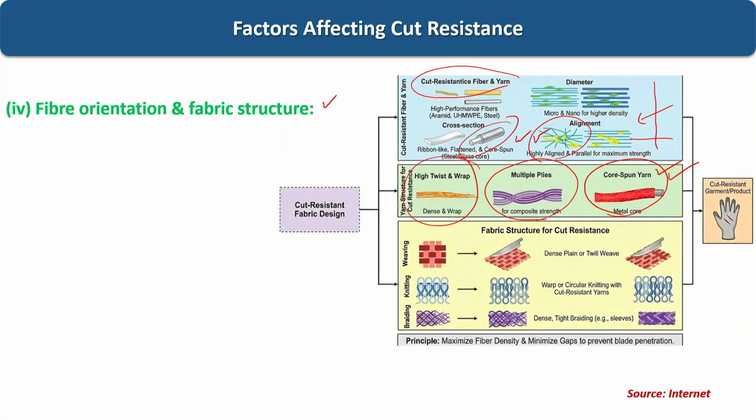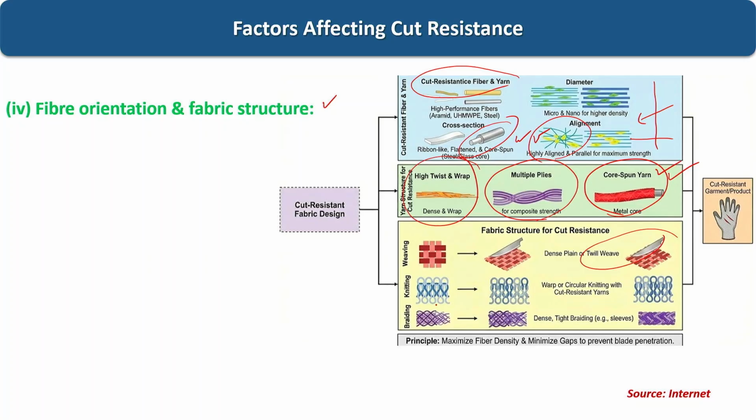Also in weaving, we can change the yarn density, thread density, ends per inch, picks per inch, and we can also change the structure, like plain weave or twill weave.